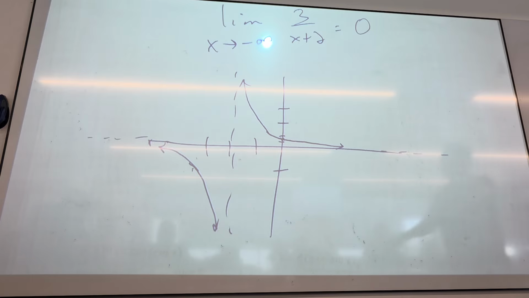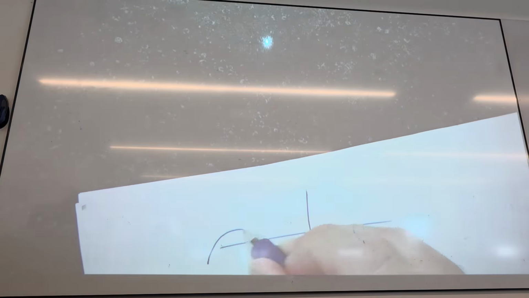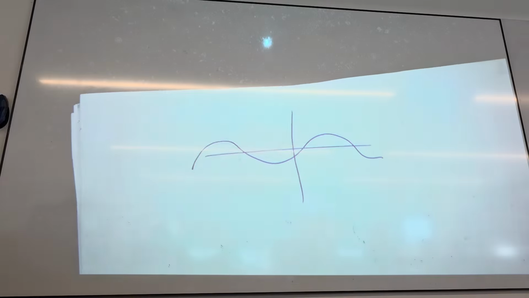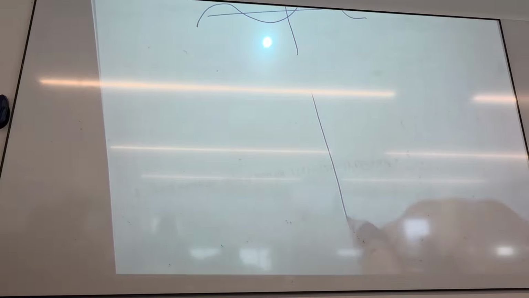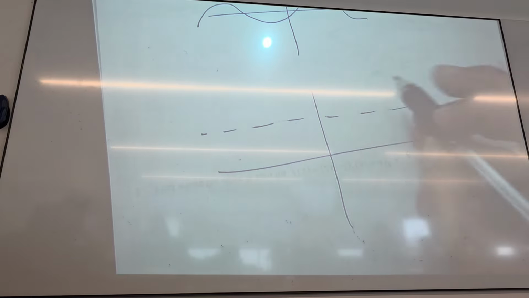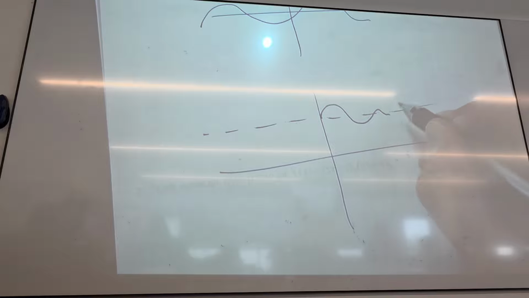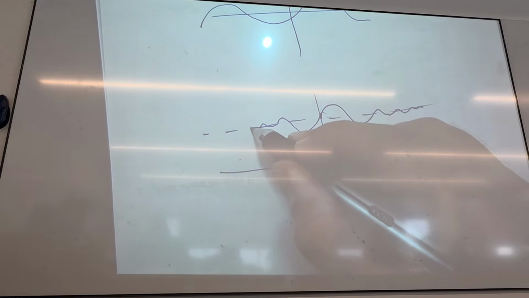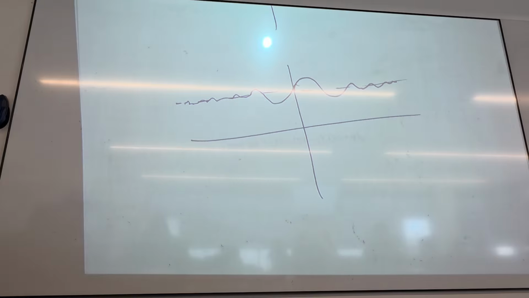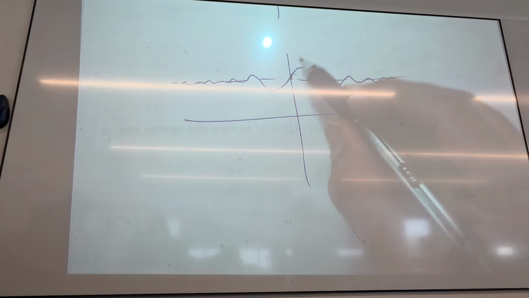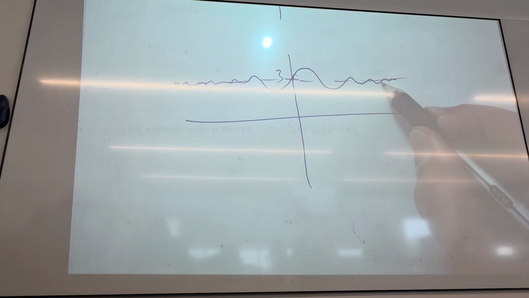So here's an example. You guys have seen graphs like this before. We haven't really talked about them yet in here. I could have a graph like this. Is this function getting really close to 3 as x gets bigger and bigger?